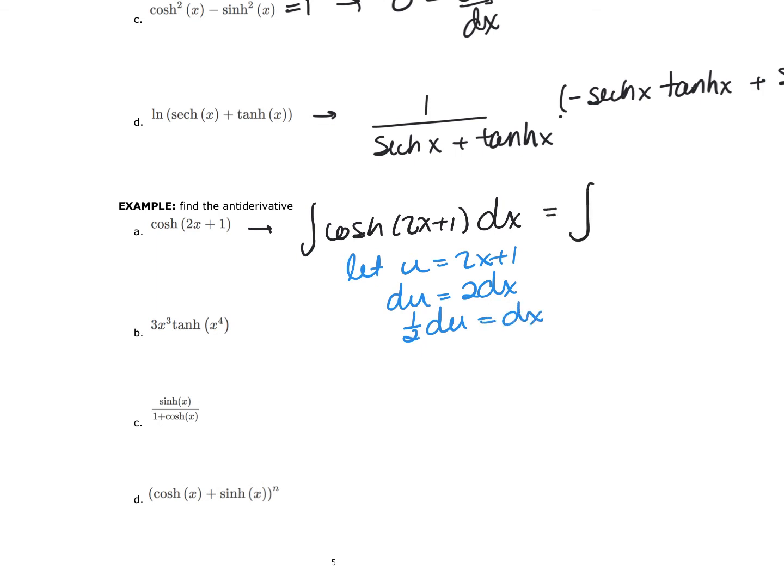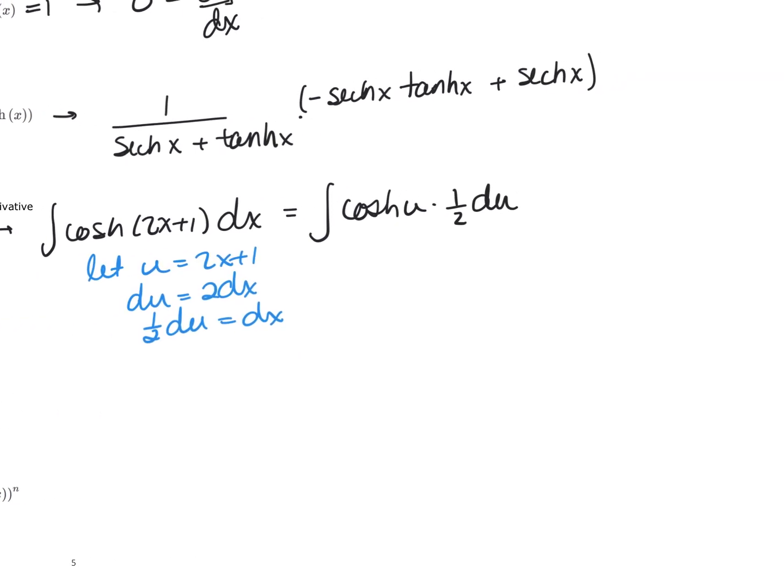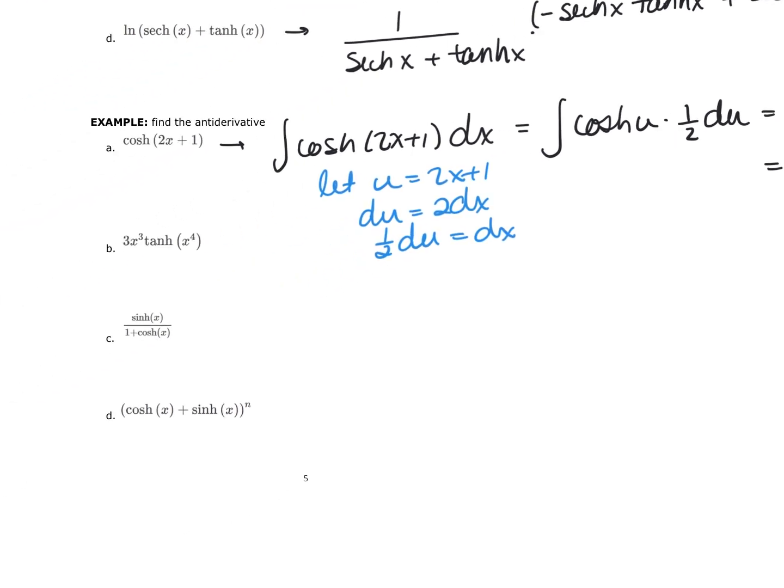So this is the integration of the hyperbolic cosine of u multiplied by 1/2 du. And to get the hyperbolic cosine, that must mean that I started out with the hyperbolic sine. Don't forget your plus c. And then don't forget to back substitute, which was the 2x plus 1 plus c. So this really isn't that bad. It's just that we're introducing another layer in the hyperbolics.